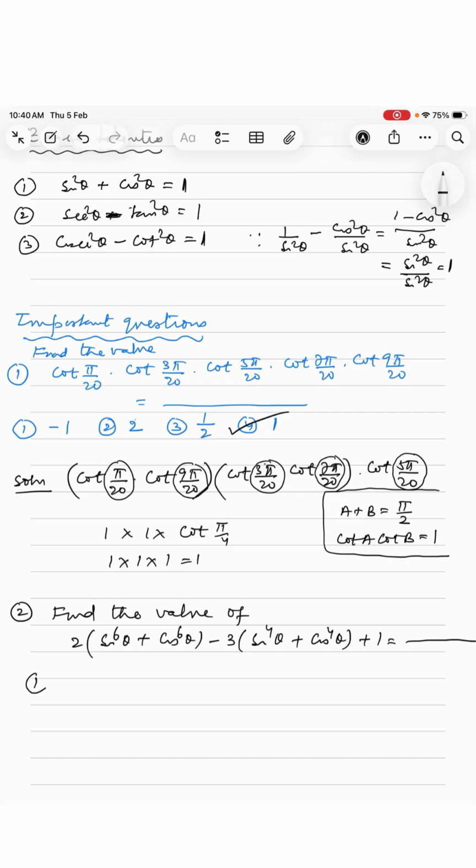What is its value? Options are: is it 0, is it -1, is it +1, or is it equal to 2? Very important basic question.